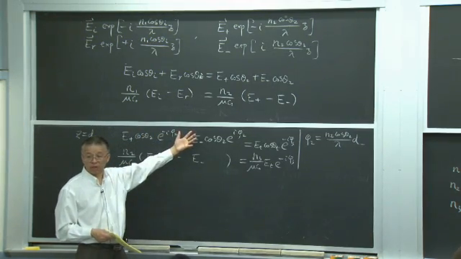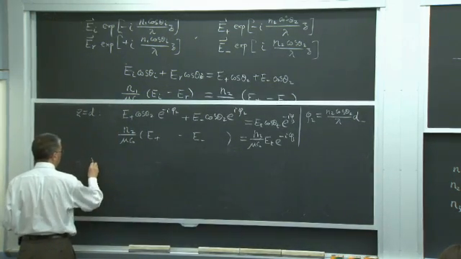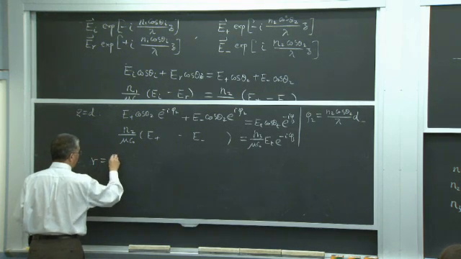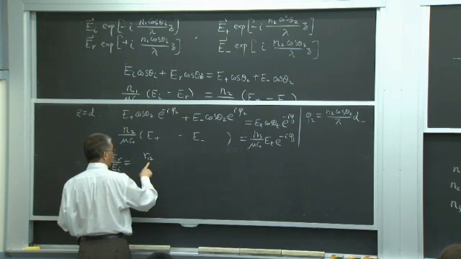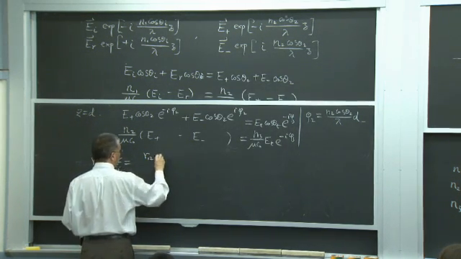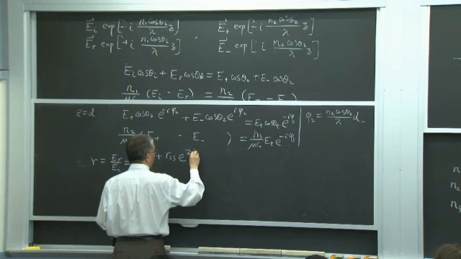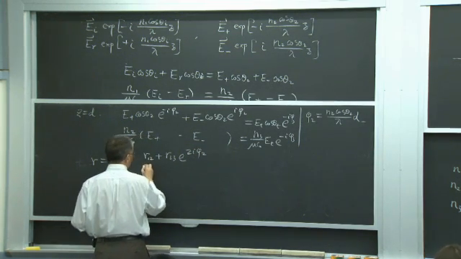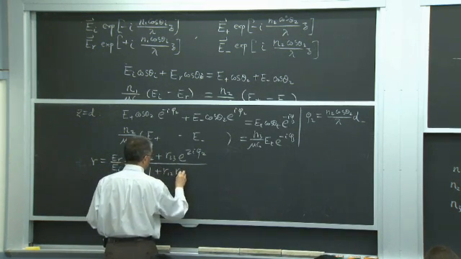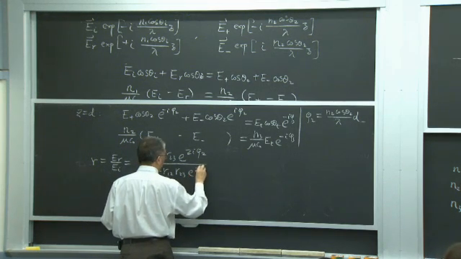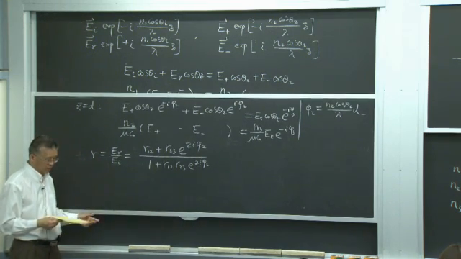So I have enough equations to solve that problem. And what you find is R equals ER over EI equals R12, that's the Fresnel coefficient between the 1 and 2 interface, plus R23, that's the Fresnel coefficient, exponential 2i phi 2, divided by 1 plus R12 R23 exponential 2i phi 2. So this is the reflection coefficient.